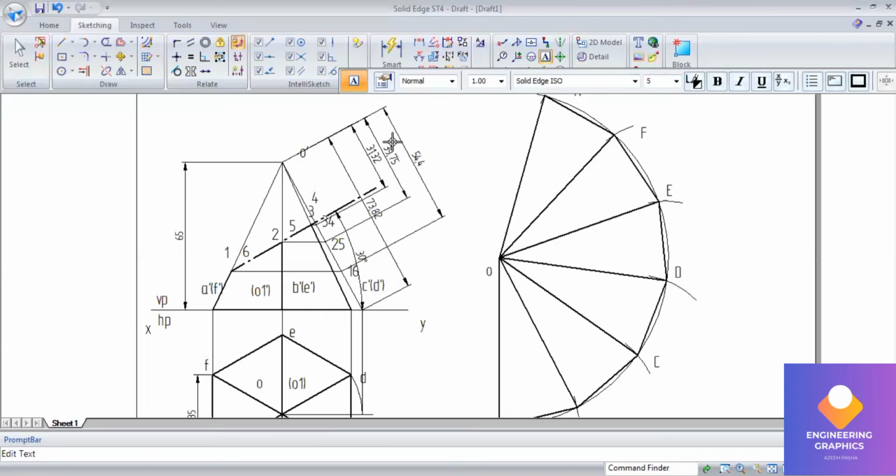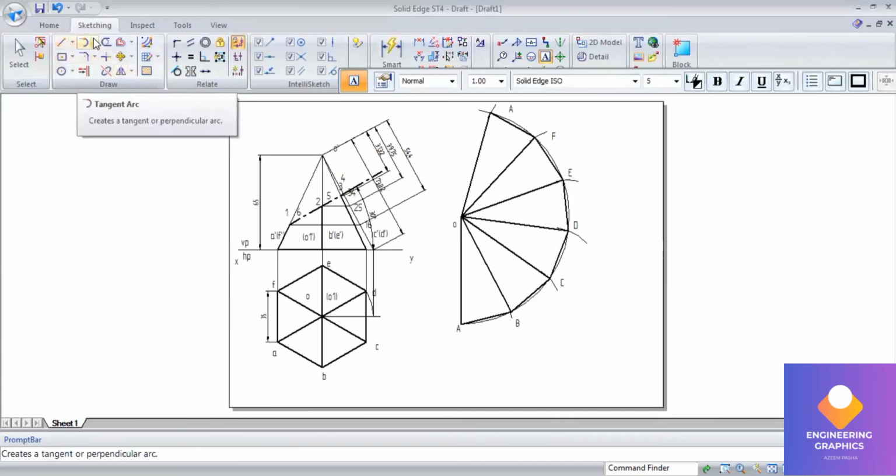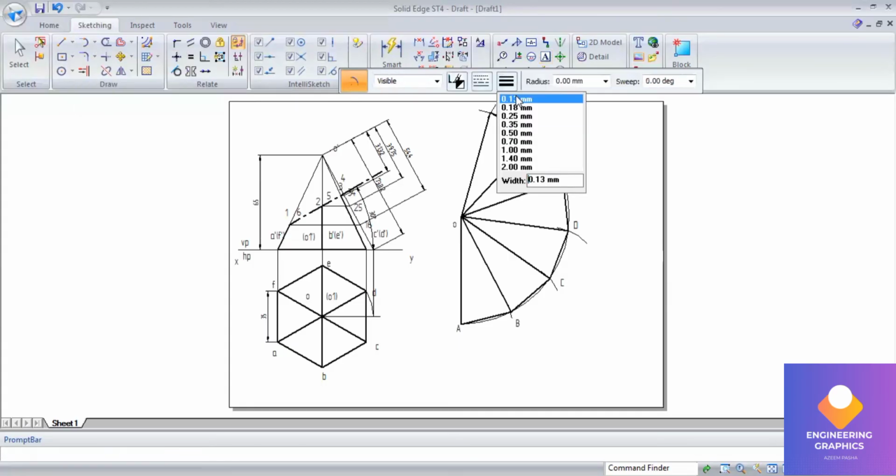So now by measuring this length, we have to cut the arc 1. It is at a distance of 54.4.